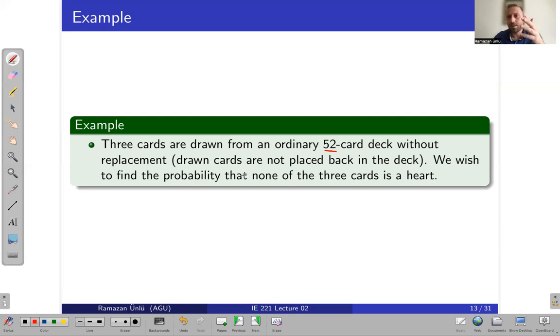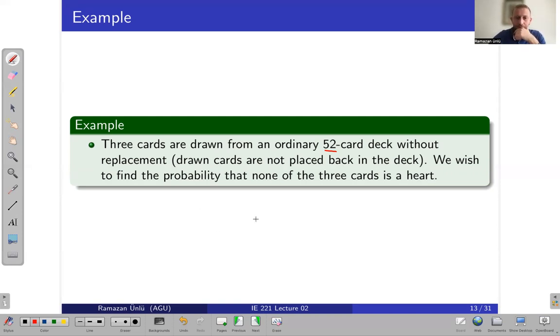So in each draw, the number of cards decreases by 1. After the first draw, the total number of cards will be 51, and after the second draw, the total number of cards will be 50.